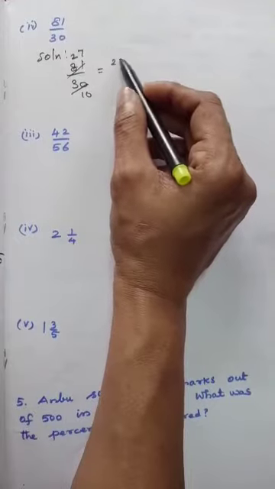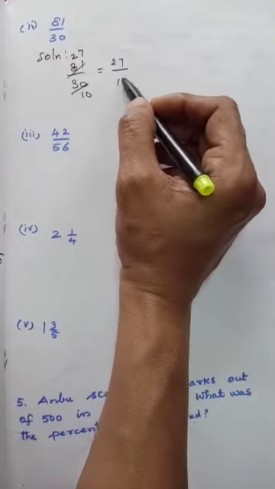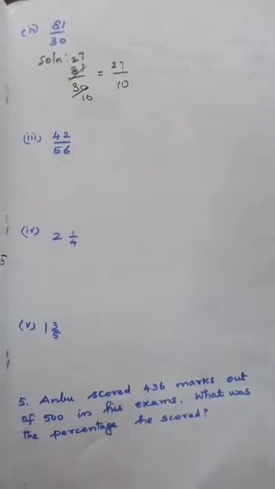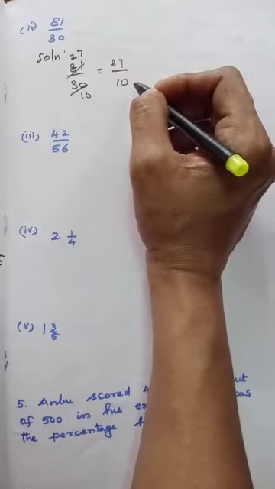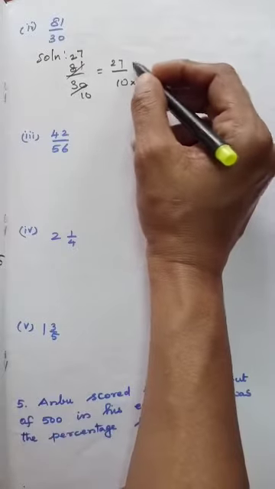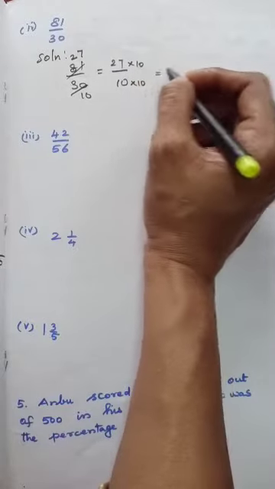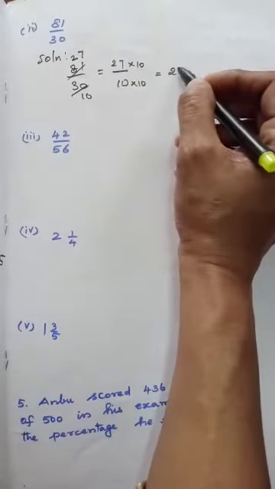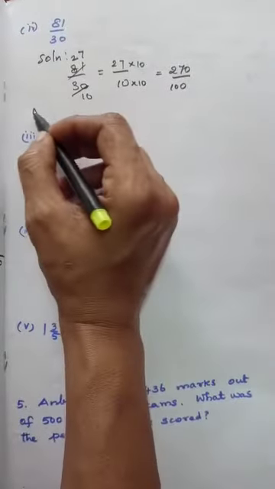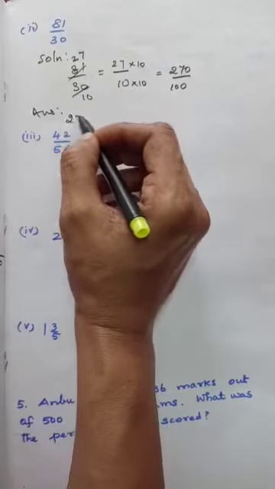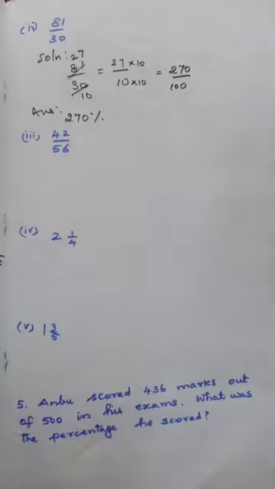Then it will come as 27 by 10, isn't it? Now you have to change this to percentage, no? So the denominator must be 100. So you multiply both numerator and denominator by 10. So it will come as 270 by 100. So the answer is 270 percent.